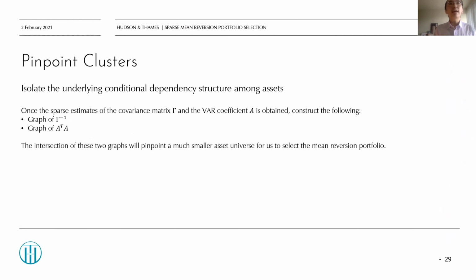Okay, so once we get these two matrices, we can obtain the cluster by calculating the intersection of the graph of the inverse covariance matrix and the VAR coefficient matrix times its transpose. So how does this look?